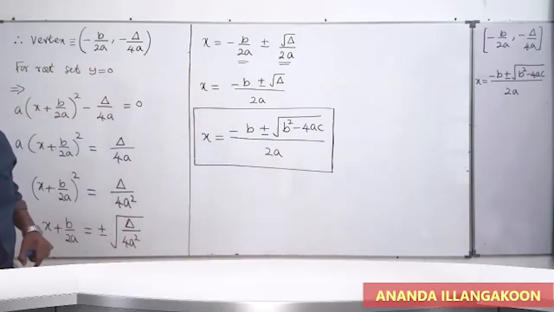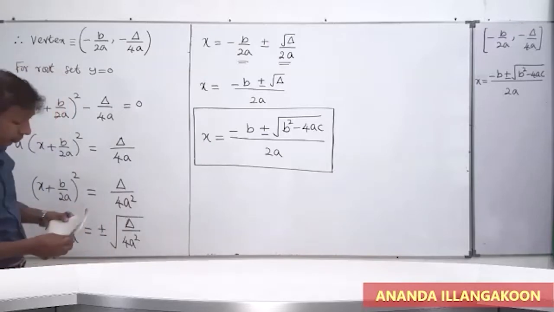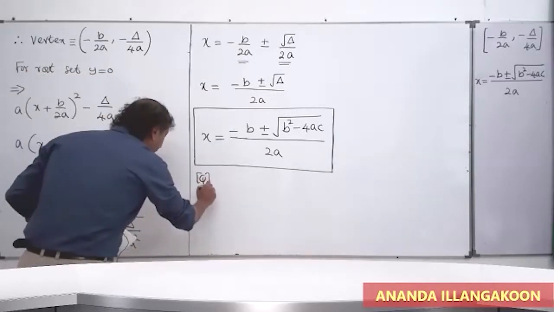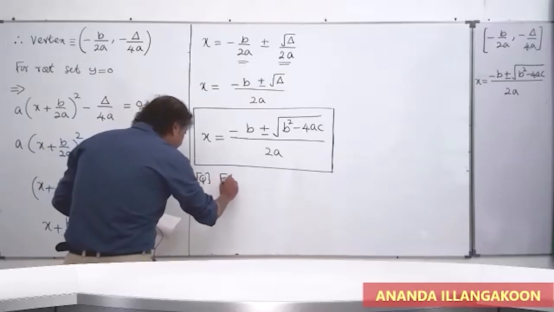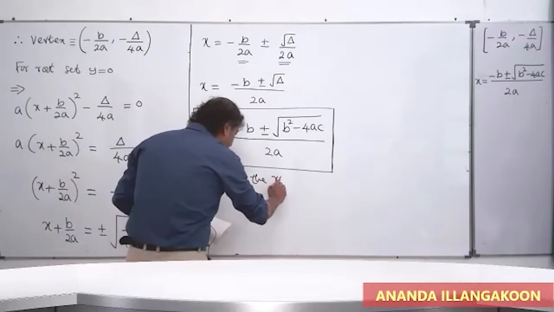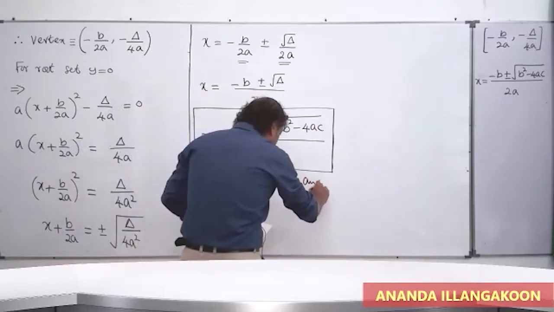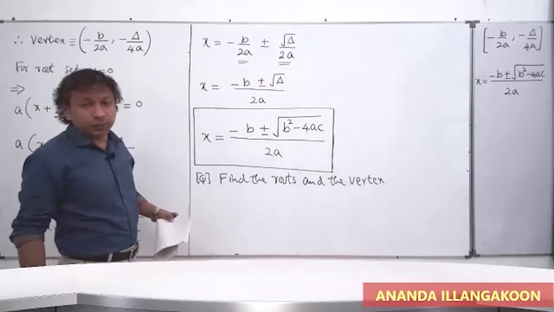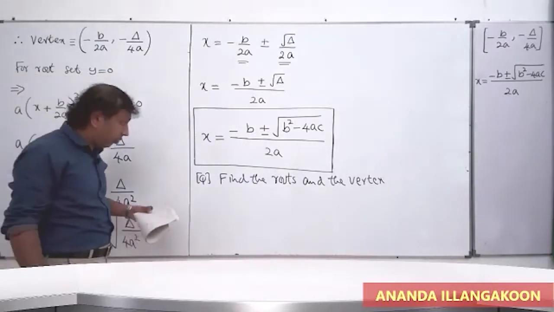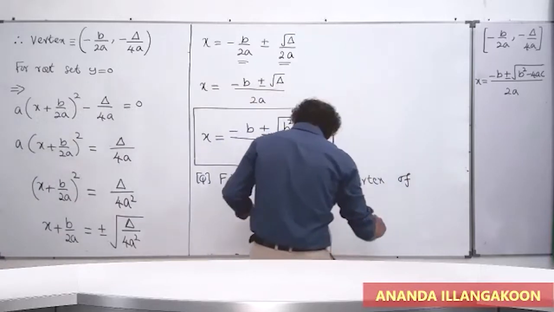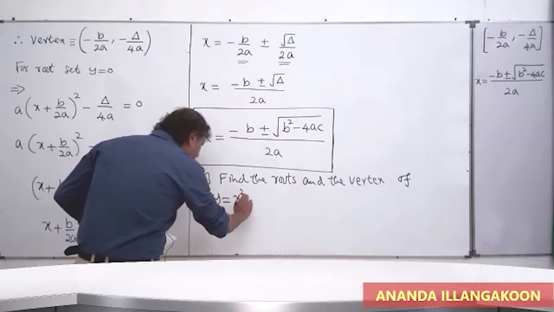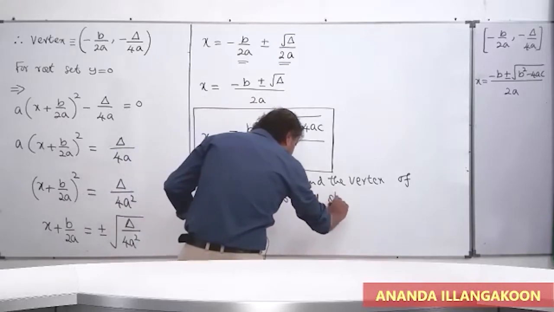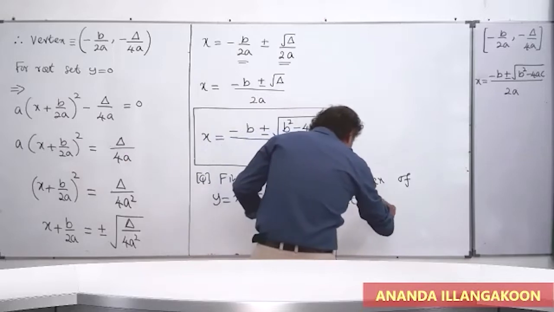Okay, right. Write down this question like this. Find the roots and the vertex of y equals x squared minus 5x plus 6 and sketch the graph.